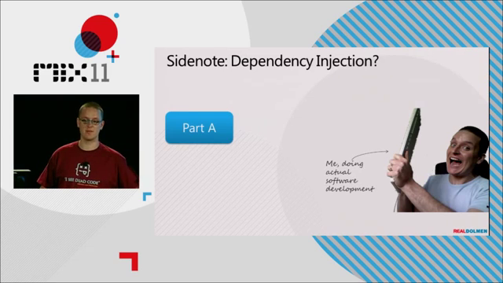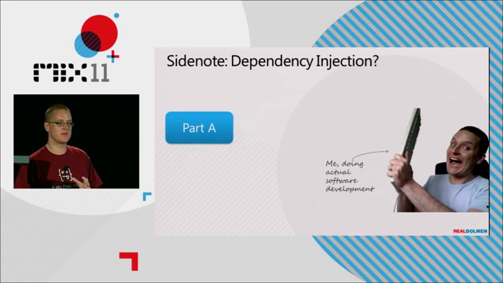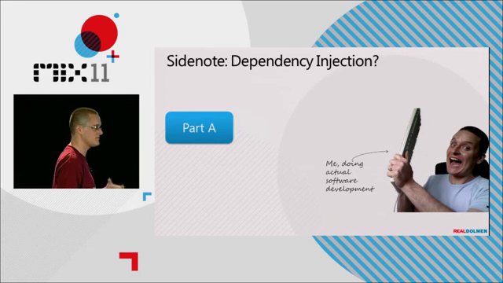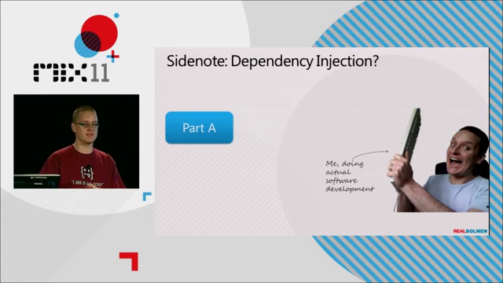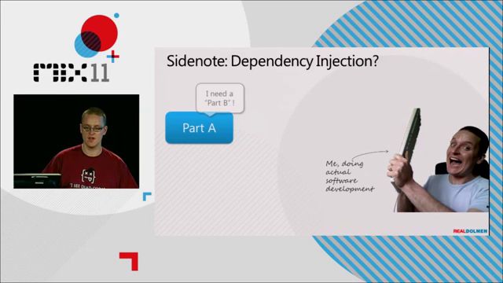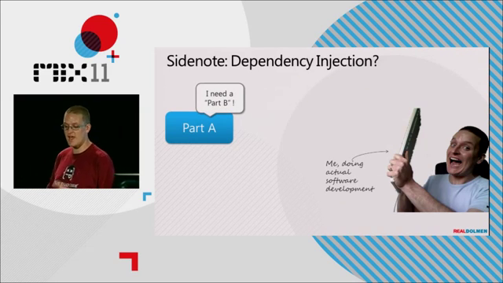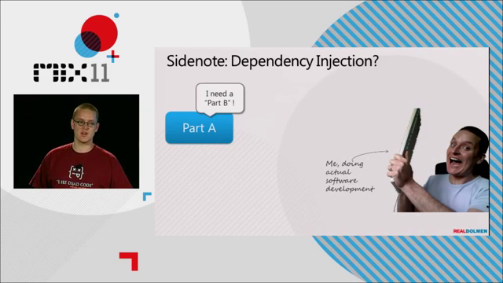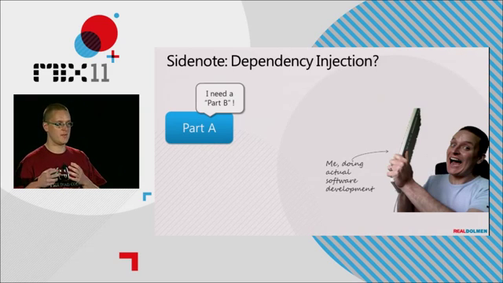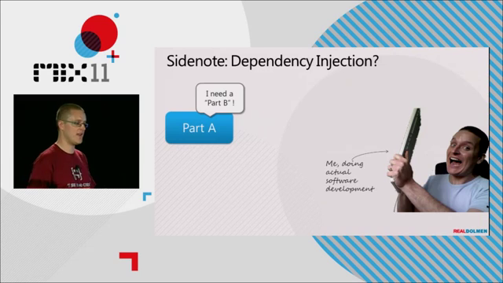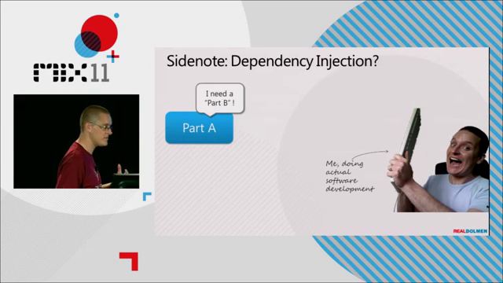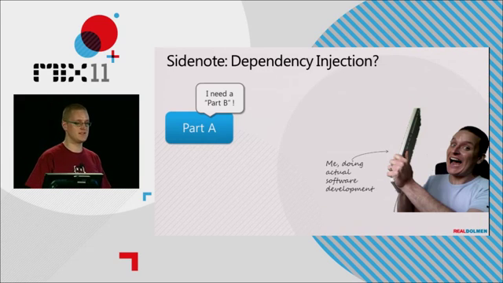Basically, if you look at it in its simplest form, dependency injection is something you all do. So this is me developing code. I regularly do it like that. Imagine you're building a component named part A, some class, and part A requires part B. So you have a dependency on another object in part A. What part A will say is, I need part B, either in the constructor, where you would provide part B to part A, or via a property, just because part A needs this one.